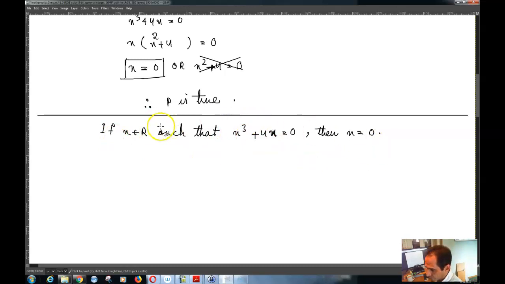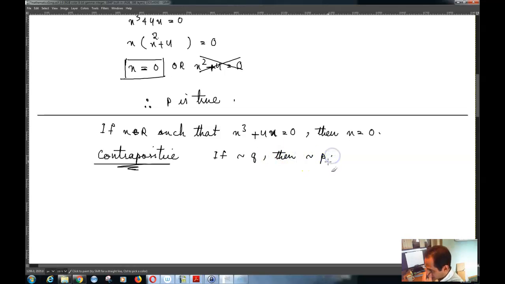We want to prove this statement using the method of contrapositive. What we do is show that if not Q, then not P. If that's true, then this statement is true, otherwise it's false, right?